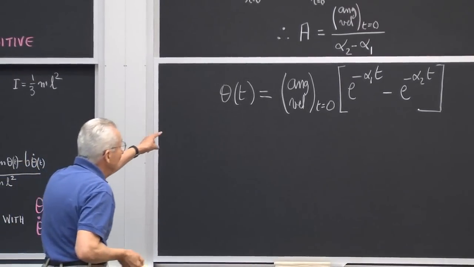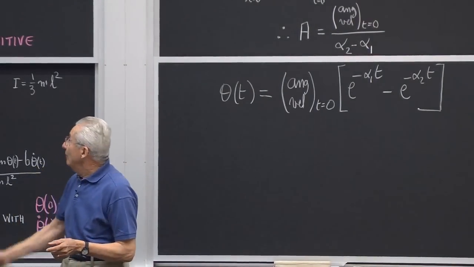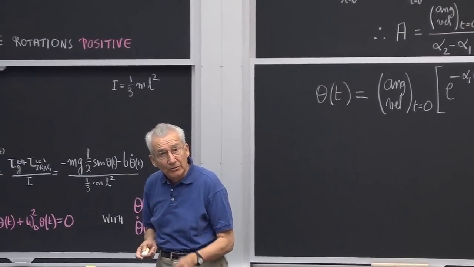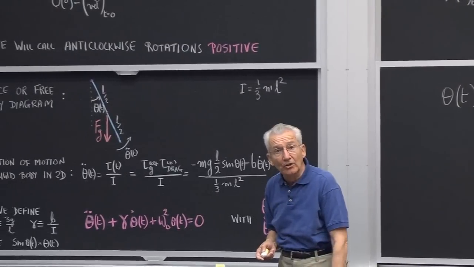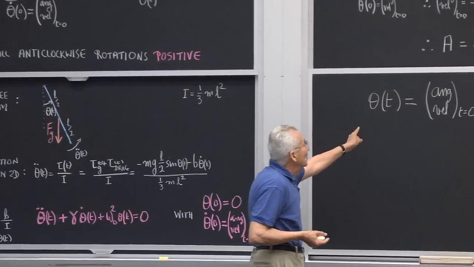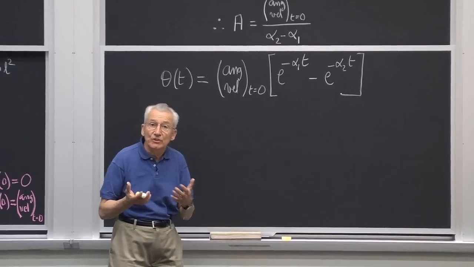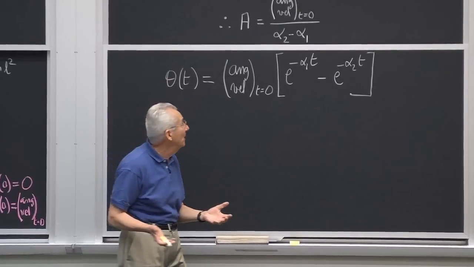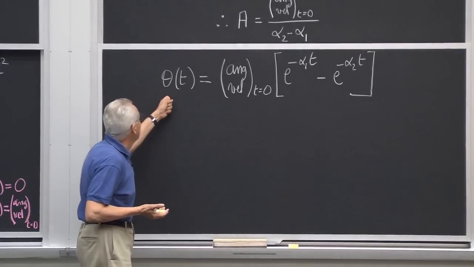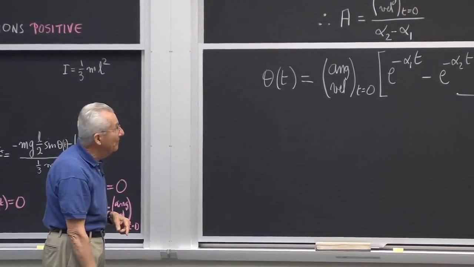This equation describes the motion of this pendulum, this compound pendulum, the rod, completely. If you ask me for a time, I will tell you exactly the angle at which this will be hanging.